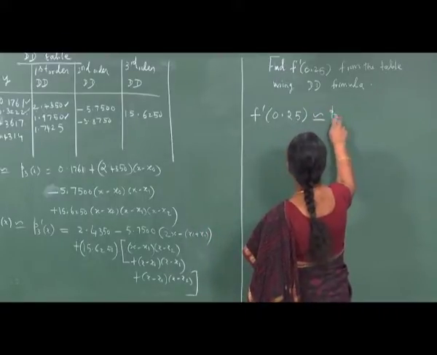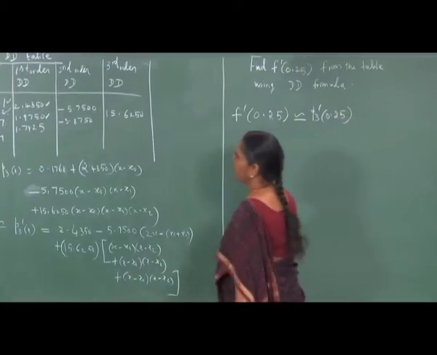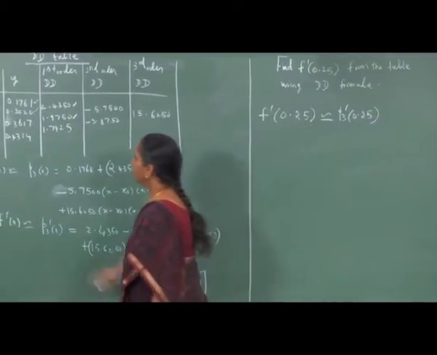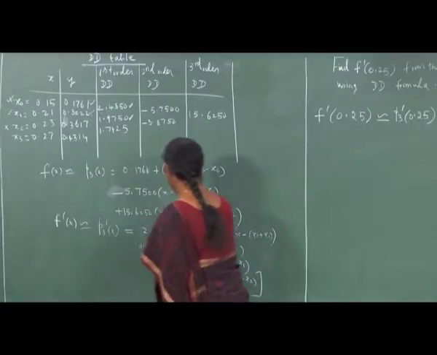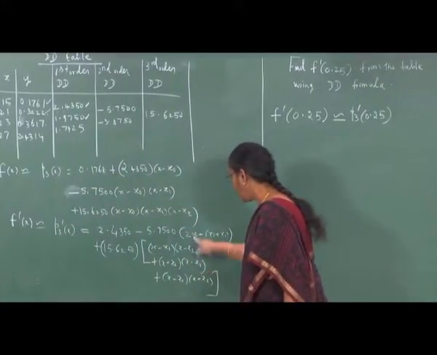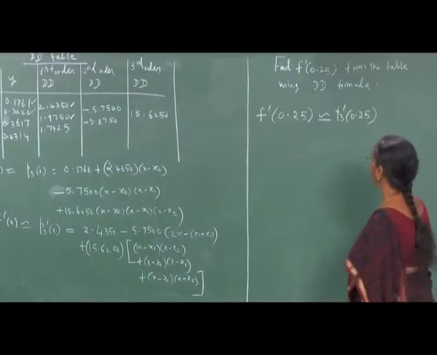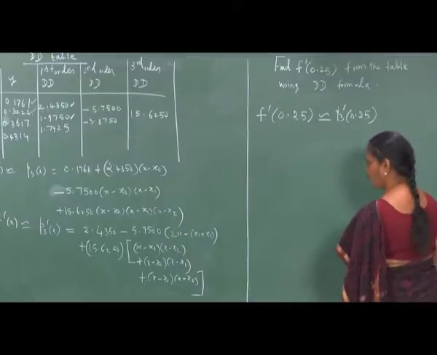That will be estimated by p3 dashed at 0.25. So, we observe that if we substitute x as 0.25 on the right hand side, we will get an estimate for f dashed of 0.25.